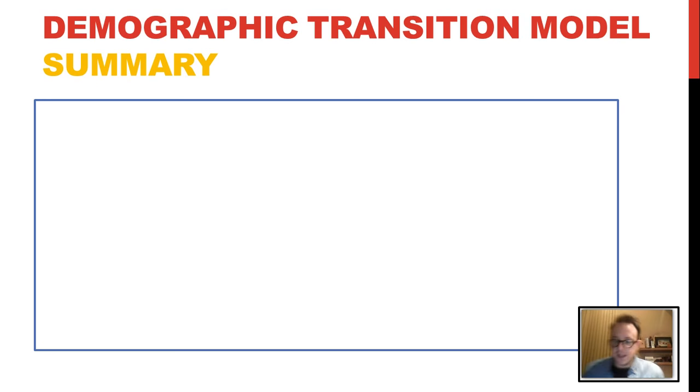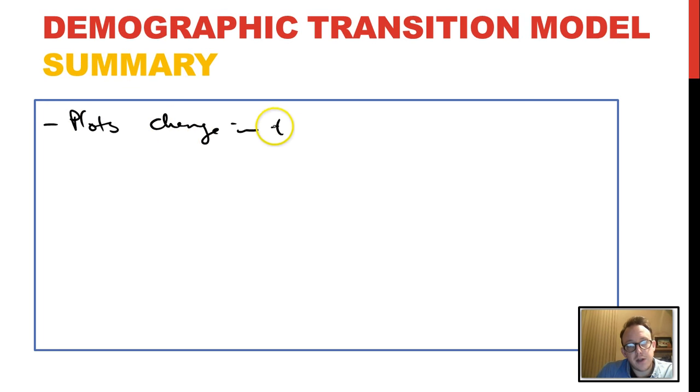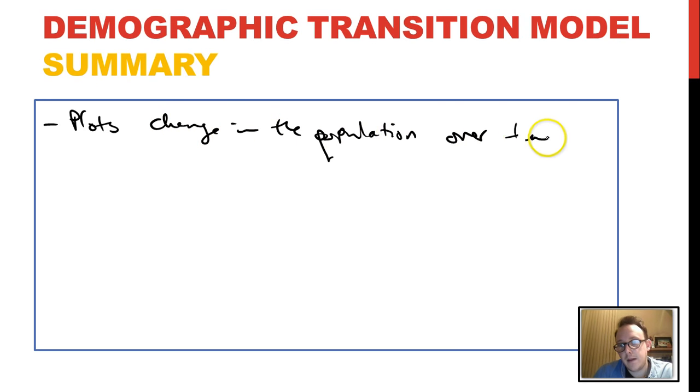To conclude, let's think about some summary parts to this. If we were to summarise the demographic transition model, it plots the change in the population over time. It looks at the differences between birth rates and death rates.